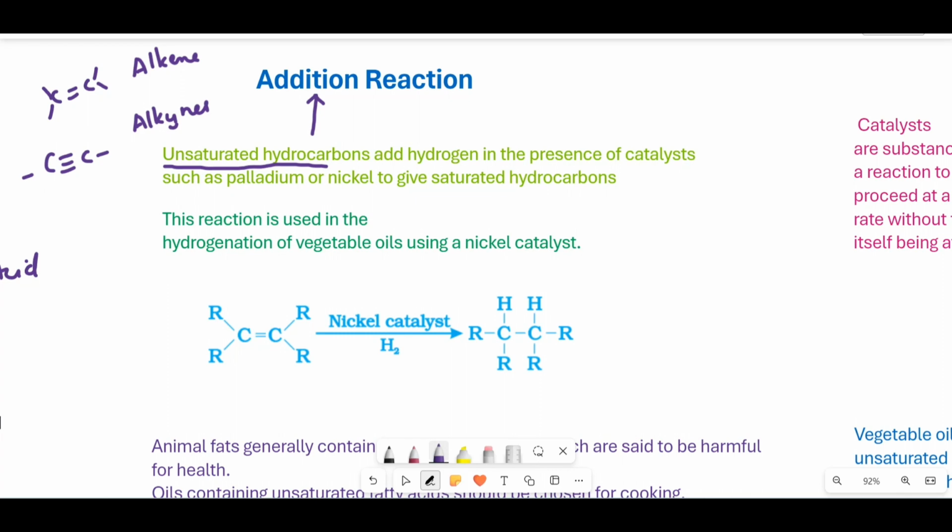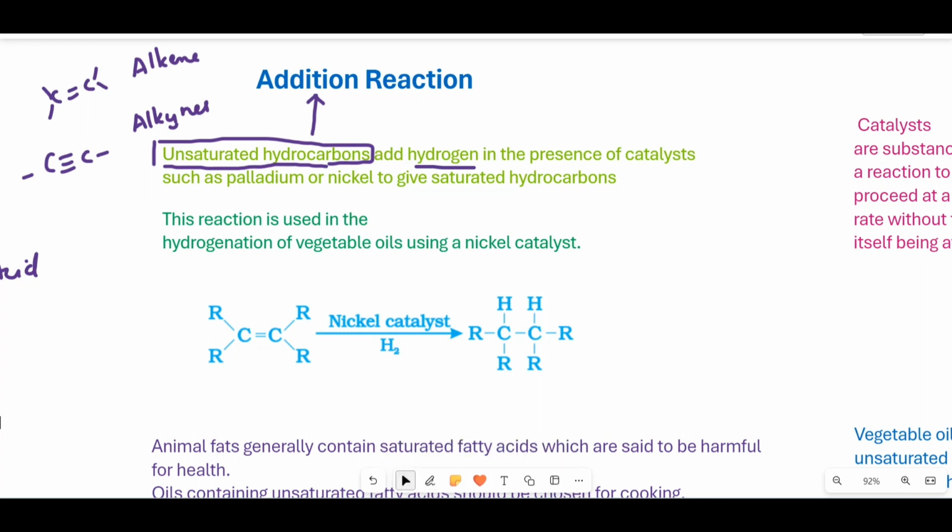So generally we can say unsaturated hydrocarbons add. Addition means adding. So what are they going to add? They add hydrogen. They need a catalyst for this reaction. So what are catalysts?